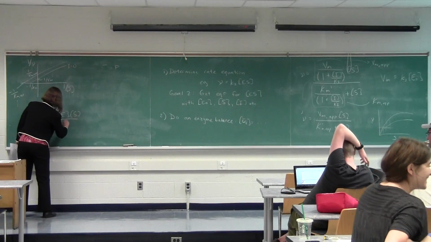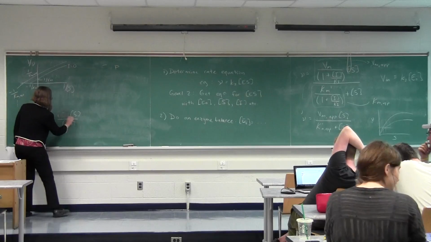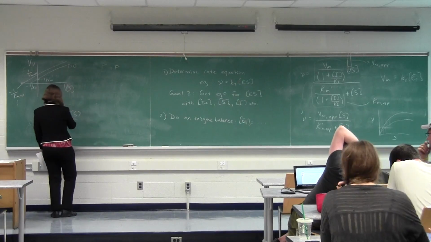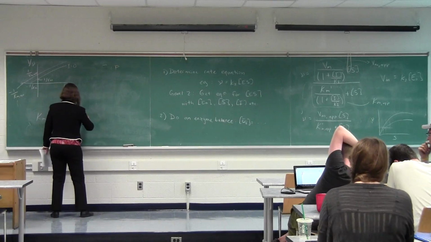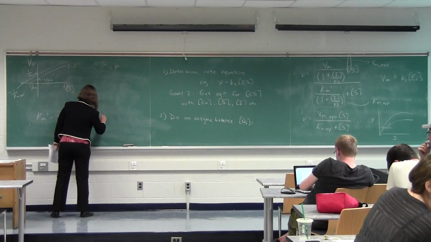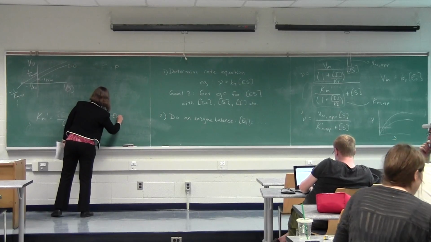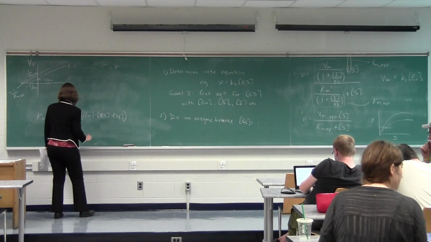S over ES. Okay, so now what we have is, instead, we substitute for that E: E naught minus ES minus ESI, in brackets.